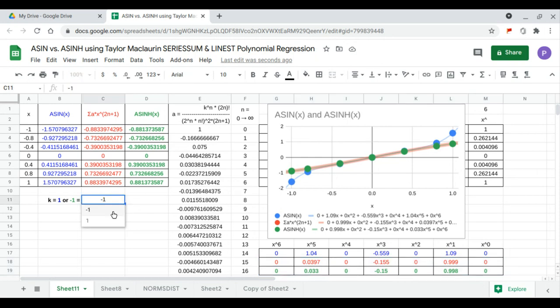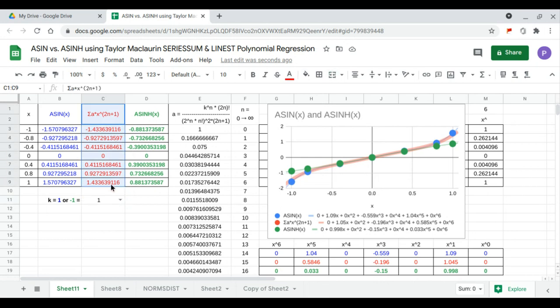At k equals 1, the red trend line is on the blue dataset. So the Taylor series expansion approximates the arcsine, and the trend line polynomial coefficients also approximate the arcsine coefficients.